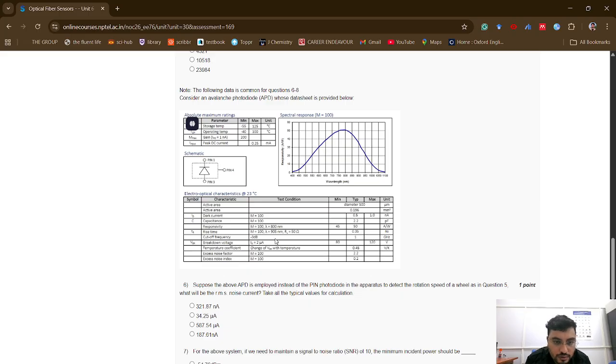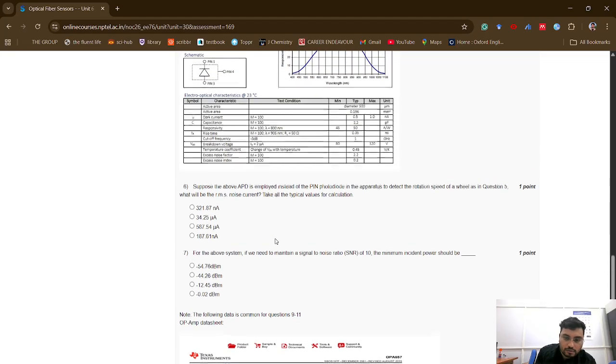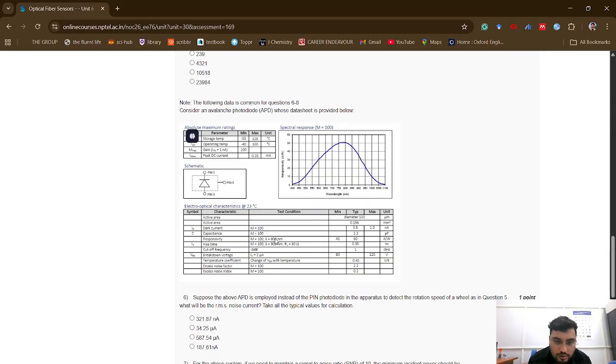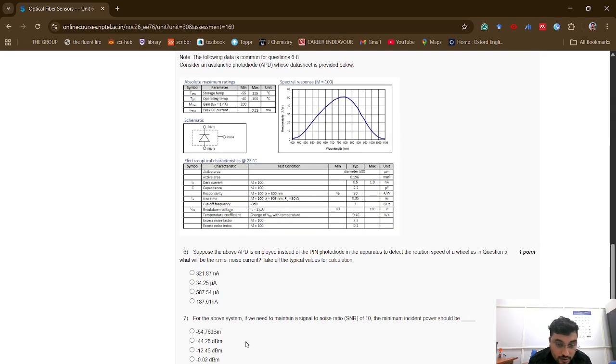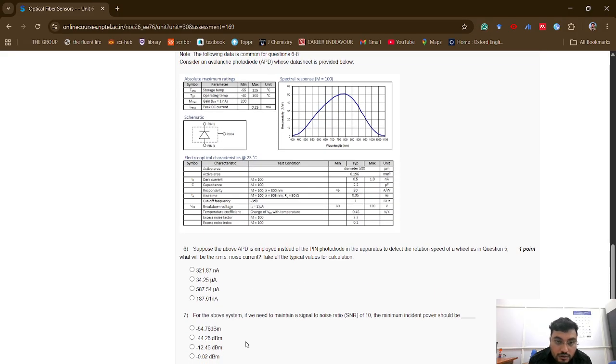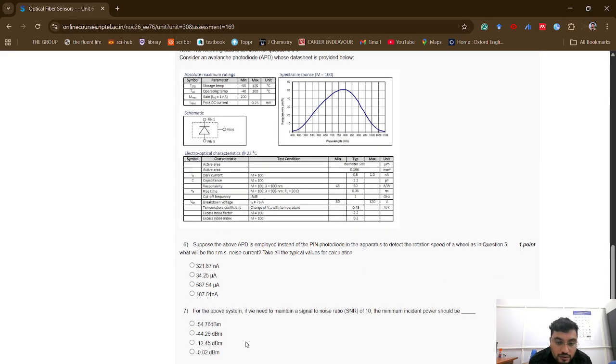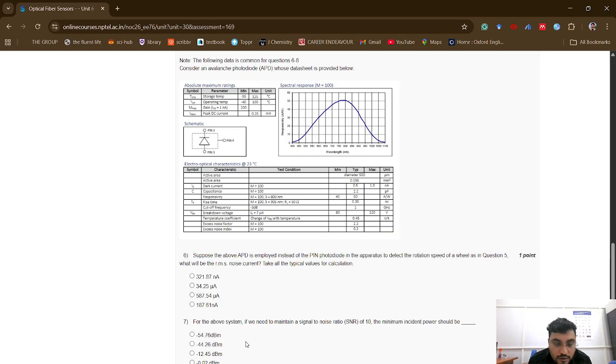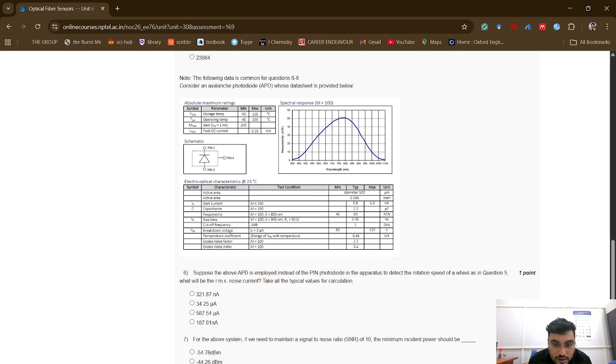Gain PDC. You need to calculate the power, which will be in microwatt or milliwatt. I don't know, milliwatt it won't be, microwatt I think, or nanowatt. Photocurrent, then voltage.